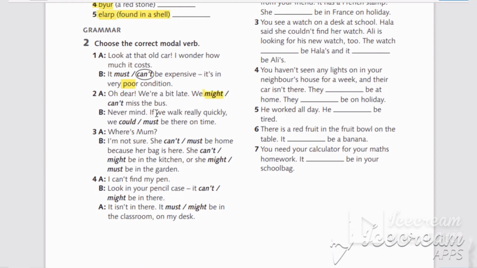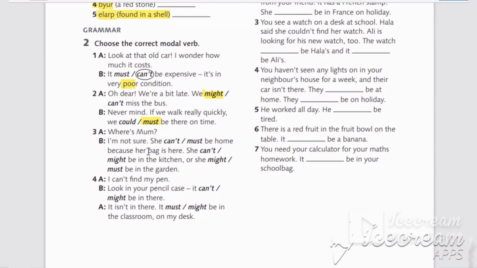Never mind. If we walk really quickly, we must or we could be there on time. Must be because أنا حطيت لك جملة الشرط. إذا أسرعنا راح نكون. I am what? I'm sure. متأكد من هذا الشيء، عشان هيك حطينا إيش يا مس؟ حطينا must.